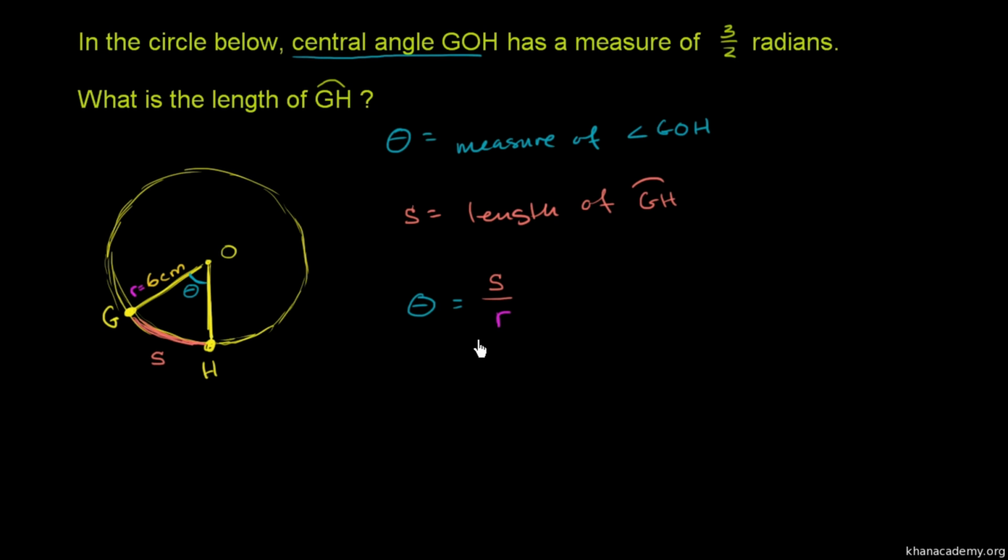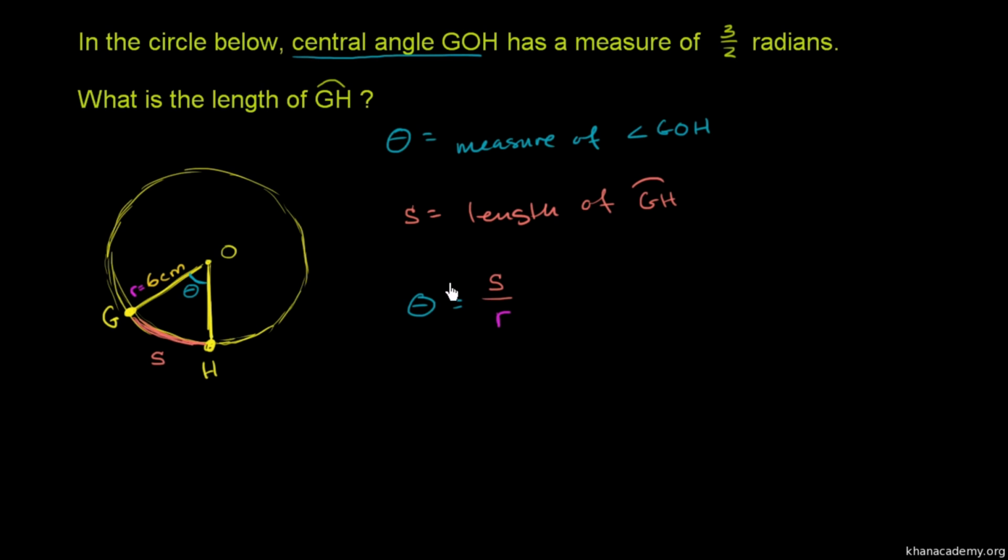If this was a unit circle, then it would just literally be equal to that arc length. If it's not a unit circle, or I guess in all cases, it's the ratio between the length of the arc that subtends the angle and the radius. Now, given this definition of what a radian is, let's see what we know and what we don't know.